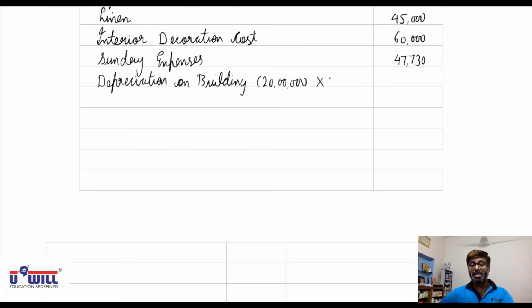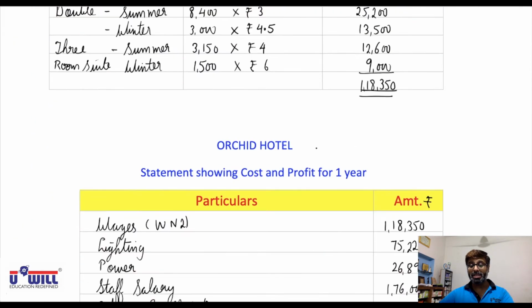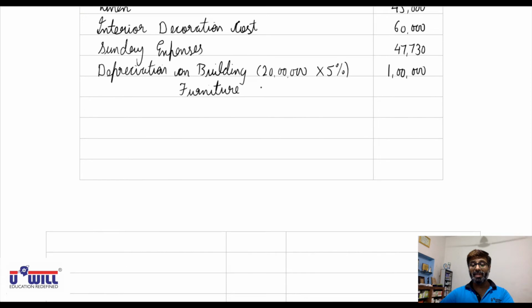So full year's depreciation will be charged, 20 lakhs, 5%, that is 1 lakh. And then depreciation on furniture and fixtures. 7.5 lakhs of furniture is there, 10% is depreciation. So 7,50,000 into 10%, 75,000.